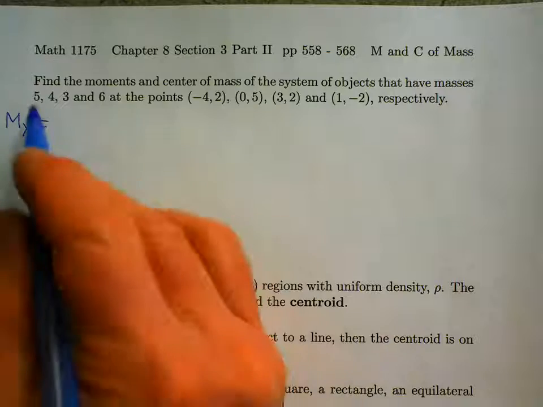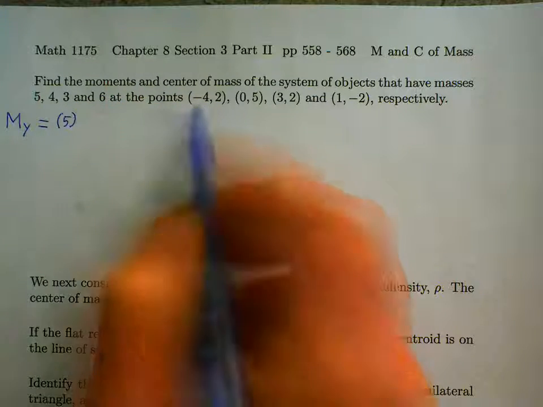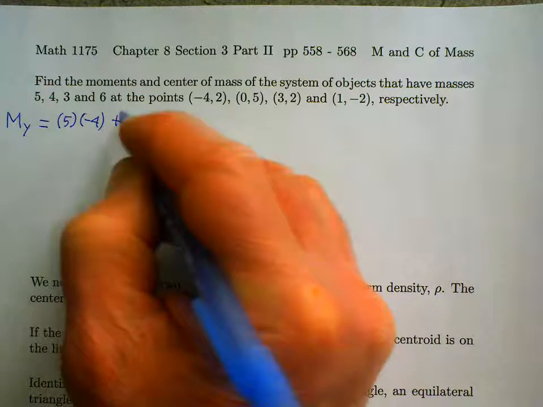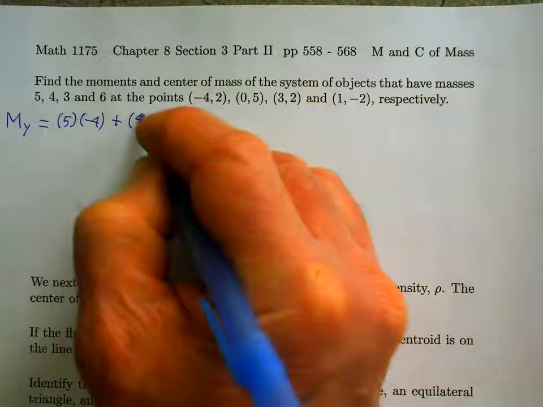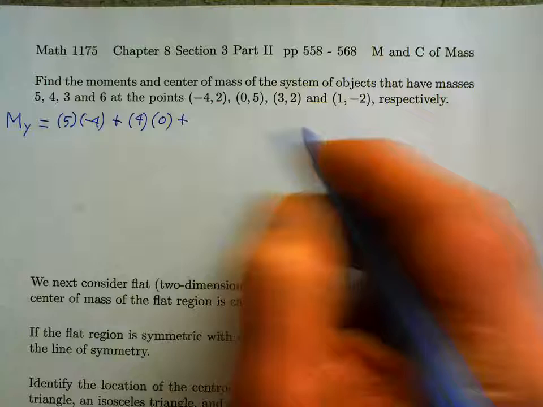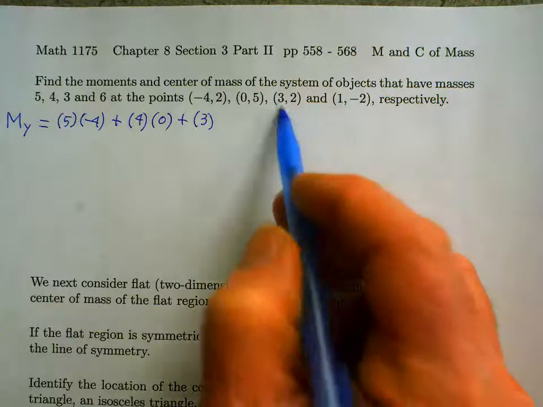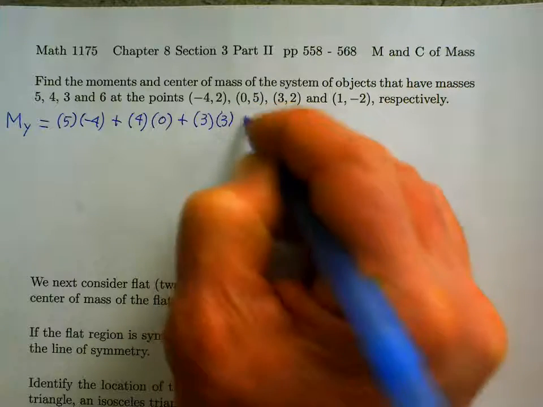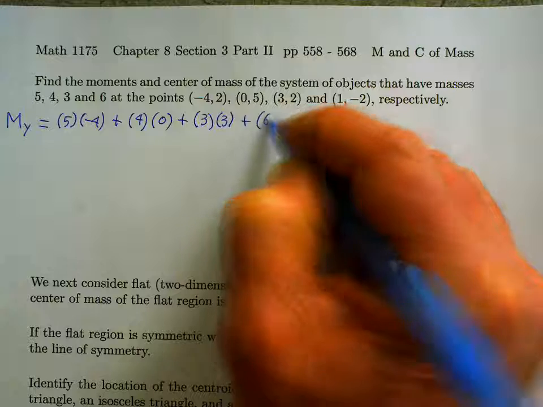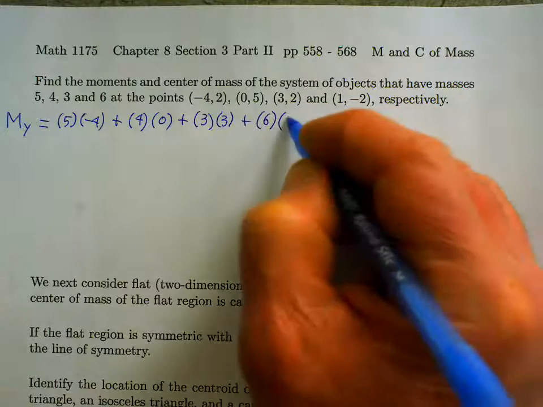So the first mass, 5, is associated with the x-coordinate -4, so 5 times -4. Then plus mass 4 times the x-coordinate 0, plus the mass 3 multiplied by the x-coordinate 3, and then plus mass 6 associated with x-coordinate 1.